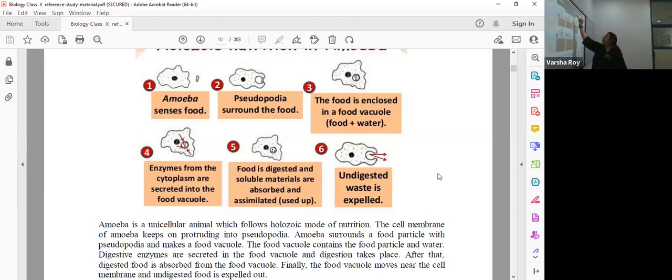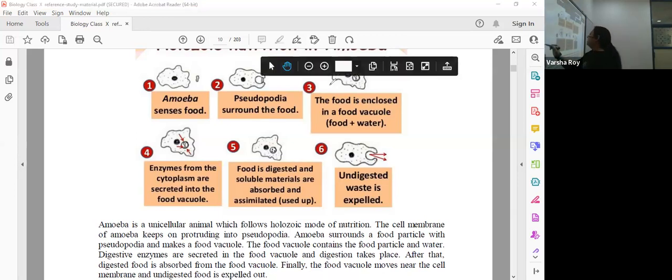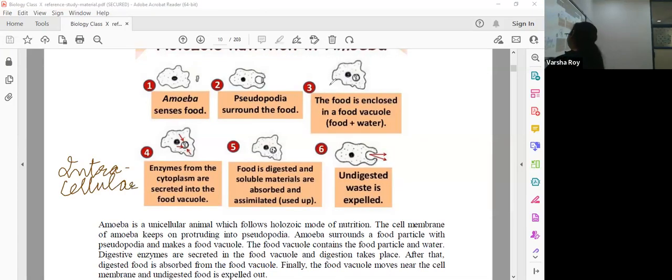What will we call this? Yes, it is intracellular digestion. Enzymes from the cytoplasm are secreted into the food vacuoles. The food is now digested in the food vacuole, and soluble material is absorbed. Whatever can be utilized will be absorbed and assimilated.